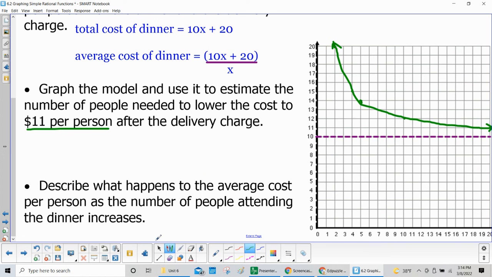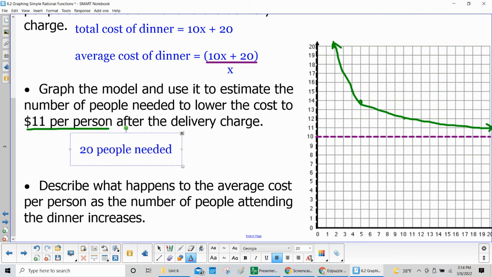It was going to take 20 people to lower the cost to $11 per person. And again, that's because if I think about this formula, this pattern, it's $10 per person. There are 20 people plus a $20 delivery charge divided by those 20 people that are kind of splitting all the costs together.